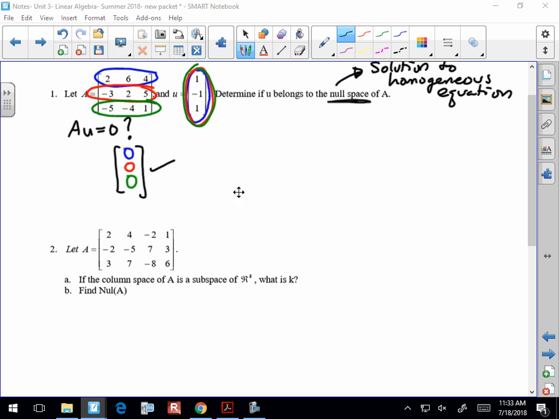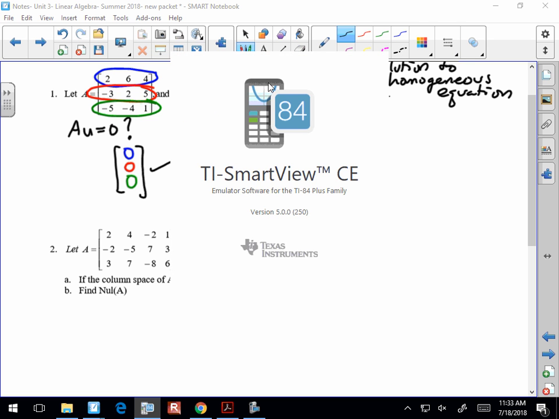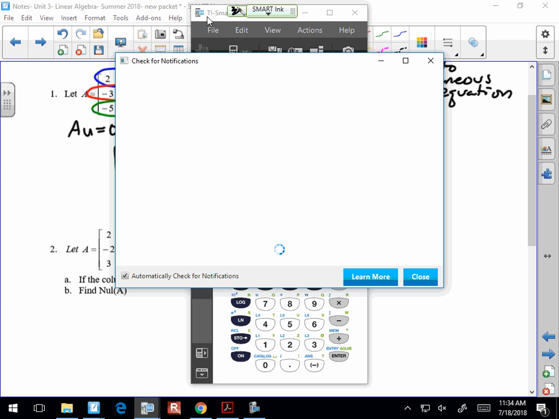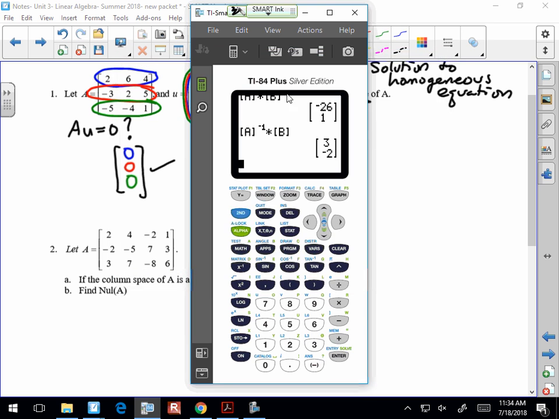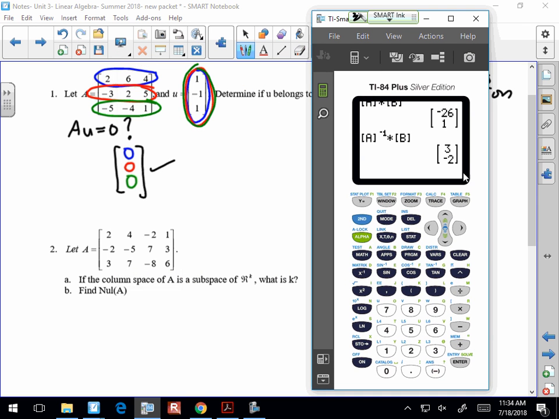Pull out the old calculator here real quick. I'll put it in as a 3x4. I'll actually solve the matrix equation. 2, 6, 4, 0.